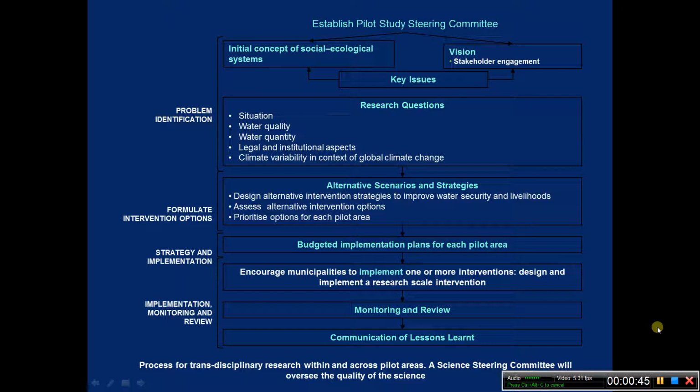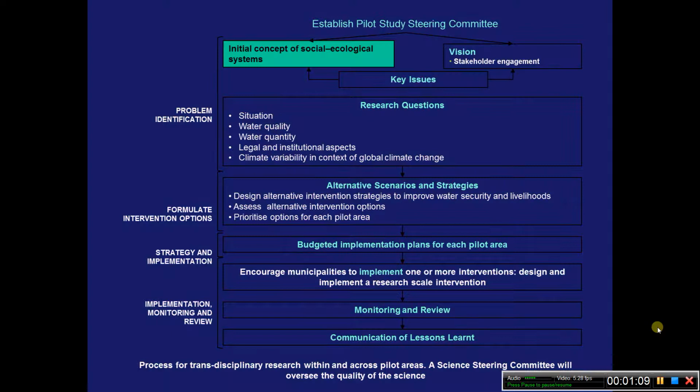It needs to be adapted to your circumstances and also to changing conditions as the research evolves. But there are some very key and core elements to any transdisciplinary research, perhaps the most important being joint problem definition. But we're going to start from the top, on developing the initial concept of the social ecological system.